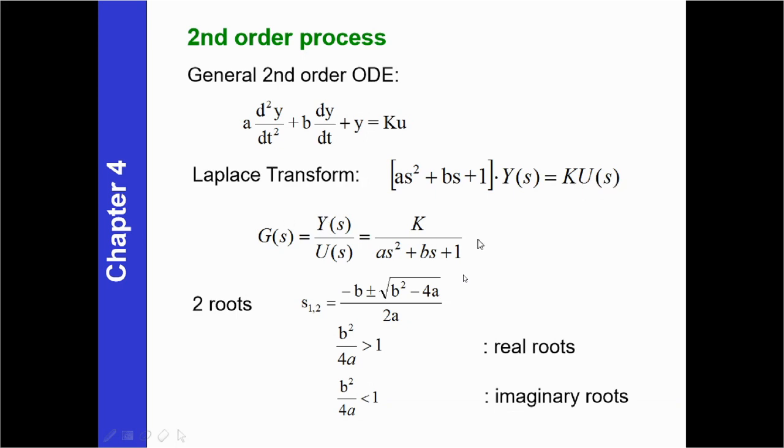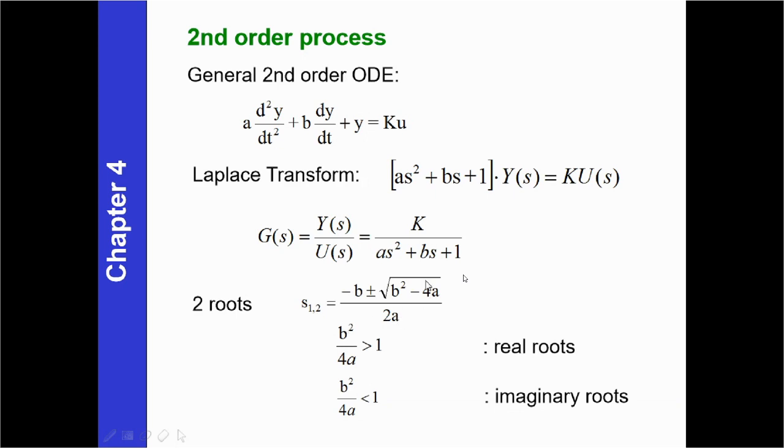The input. So in this case, the transfer function is given by Y(s) over U(s) equals K over as squared plus bs plus 1. From as squared plus bs plus 1, we have two roots. The roots are s equals minus b plus or minus the square root of b squared minus 4a, over 2a.